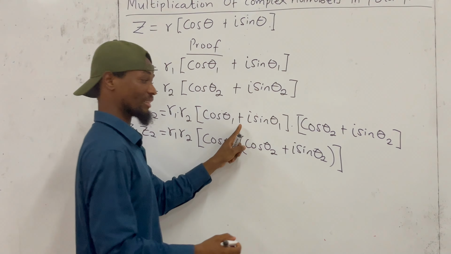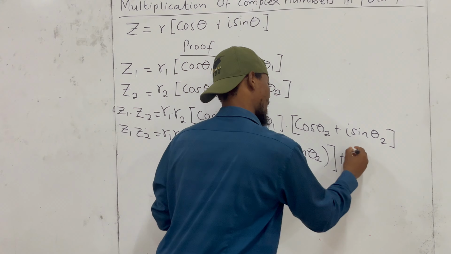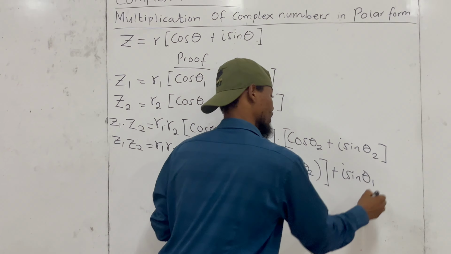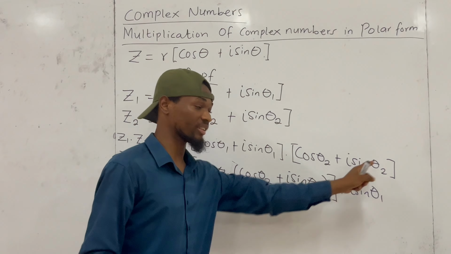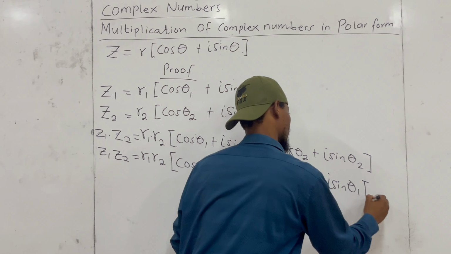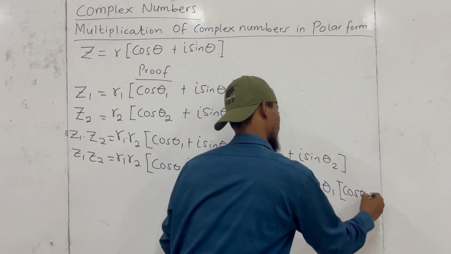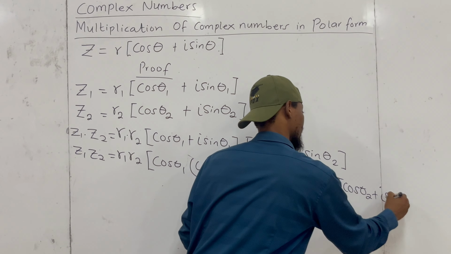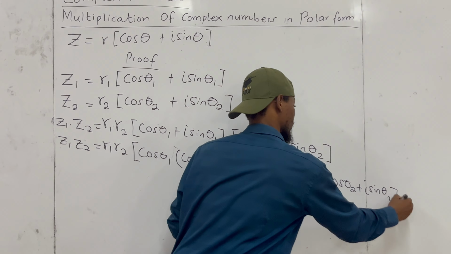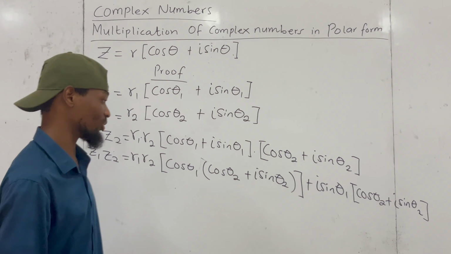Then I have plus i sine theta 1 also multiplying everything here, cos theta 2 plus i sine theta 2.